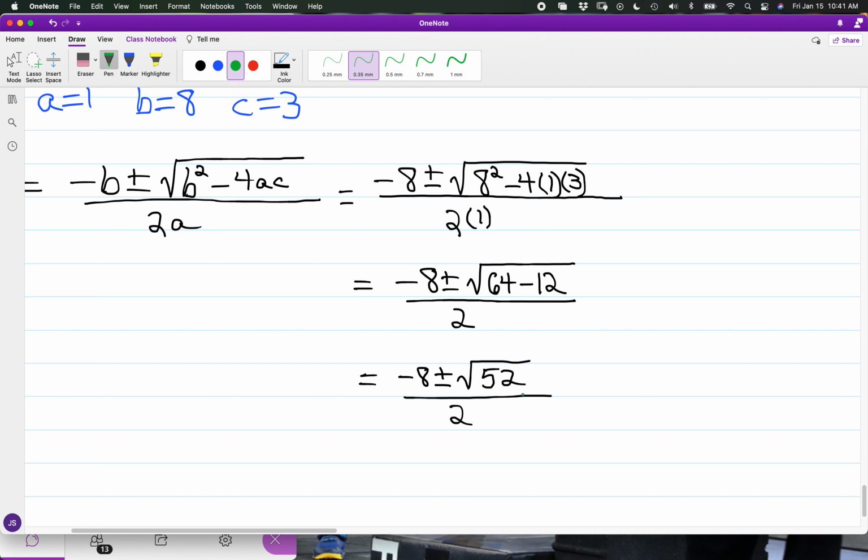So I can reduce this particular radical, sort of like what I had in the case of 48 as well as 28. So with 52, the highest perfect square that will go into this is going to be 4.